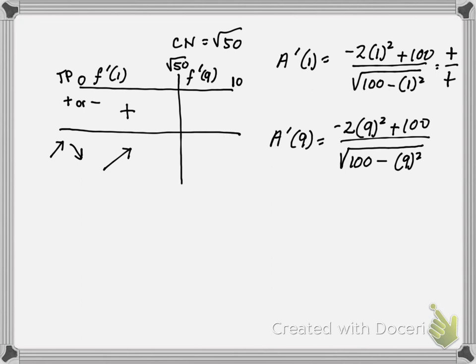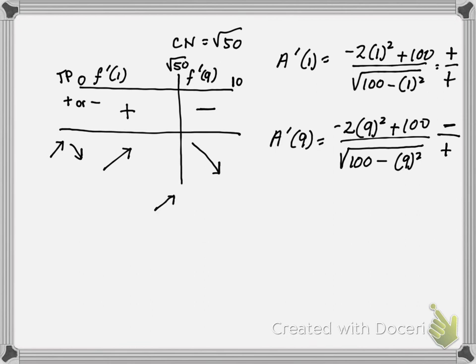So I know my numerator is going to be negative. And once again, 9 squared is 81, so 100 minus 81 gives me a positive underneath the square root. So what I have here is a negative over a positive, so the result is negative, and I know that my function is decreasing there.